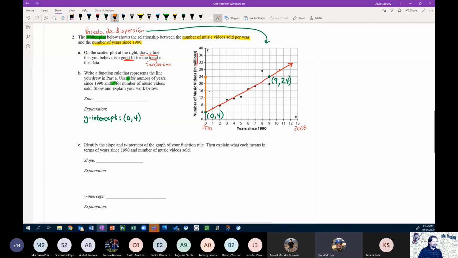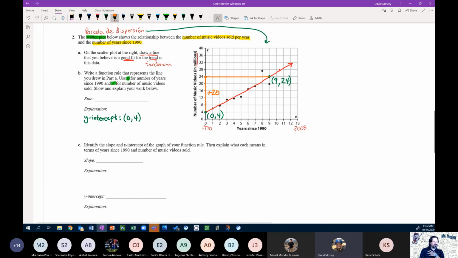How much did we add? We go from 4 to 24. Yes, Shanley, thank you, 20. So we have an increase of y of 20. Okay.